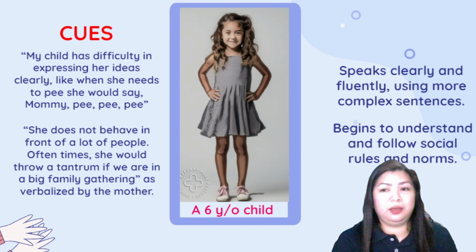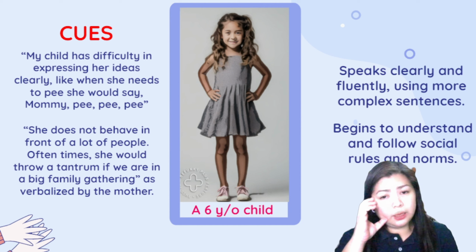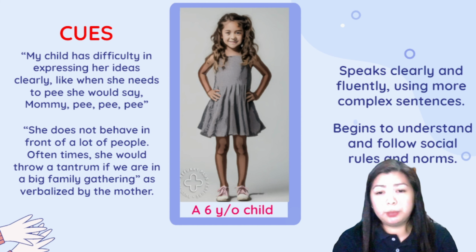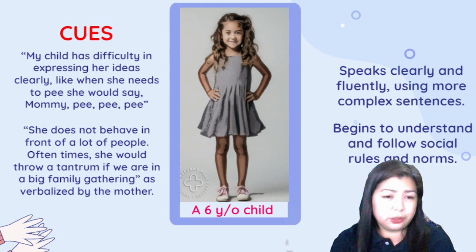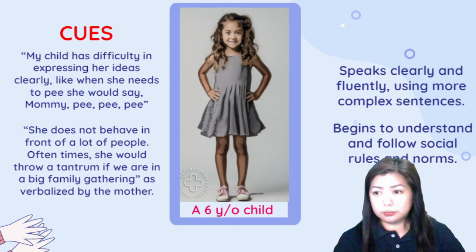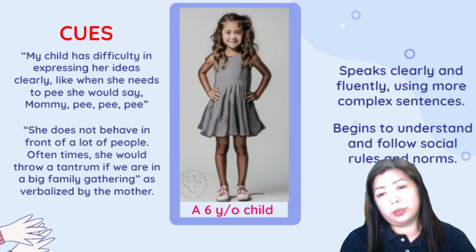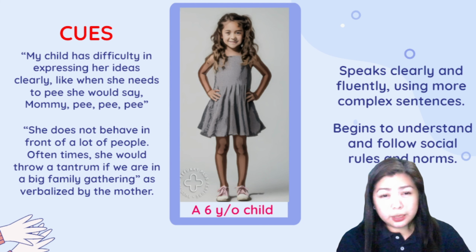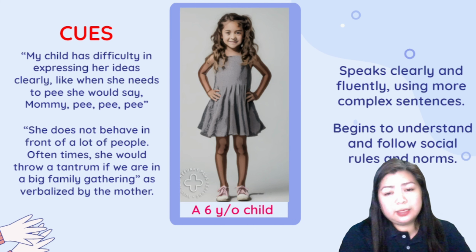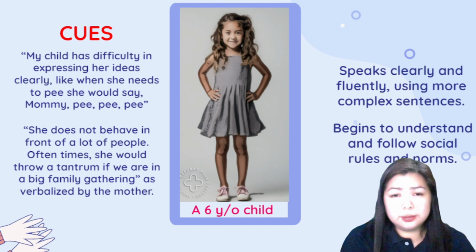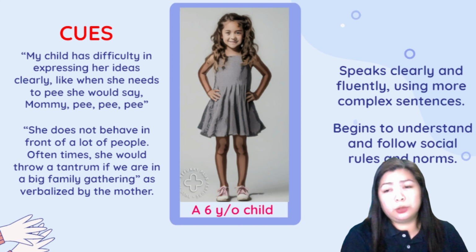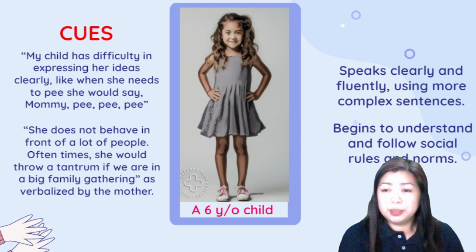Okay, and a 6-year-old child begins to understand and follow social rules and norms. Okay, so like when you tell your kid, okay, we would be visiting grandmother and you would be able to see all your cousins there, oh, you need to behave. Okay, so if you tell your kid that this is the expected behavior when you are in a social gathering and the kid is still throwing tantrums and not being able to absorb that she needs to behave properly, then maybe something is wrong.